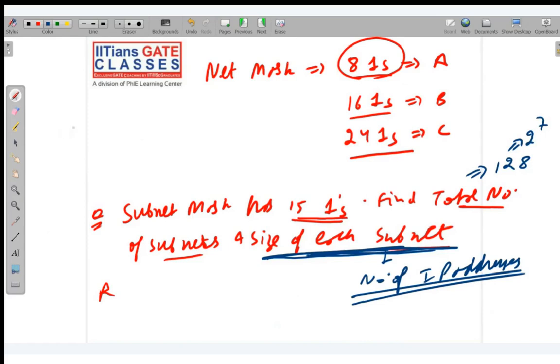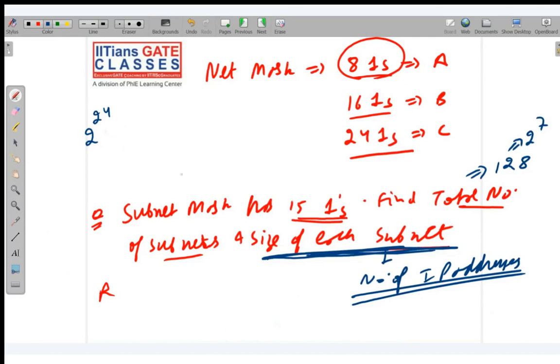See this. If we have a class A block, total number of IP addresses in that block will be 2 power 24. How have we done it? In the previous lecture also we have done it. Class A, first block is net ID, last 3 blocks are host ID. Last 3 blocks means 2 power 24. The total IP addresses in each class A block is 2 power 24.